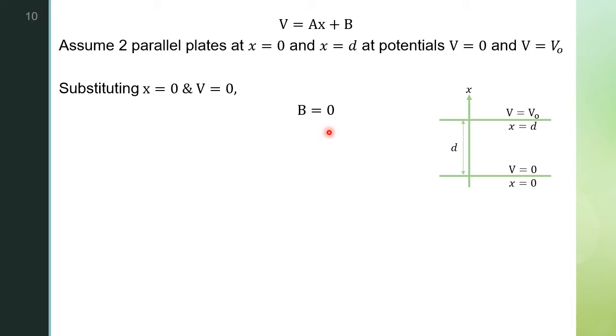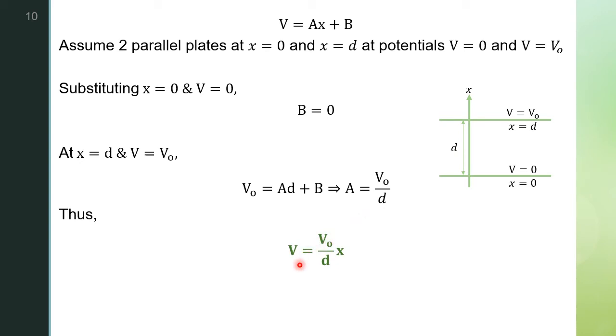For the second condition, x equal to d and V equal to V0, we get V0 = ad + b. Since b is 0 already, a equals V0 by d. Thus, we have the general expression for potential as V0 by d into x, where d is the separation between the plates and V0 is the potential of the plate located at x equal to d.